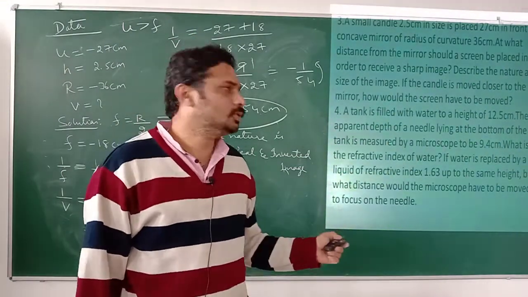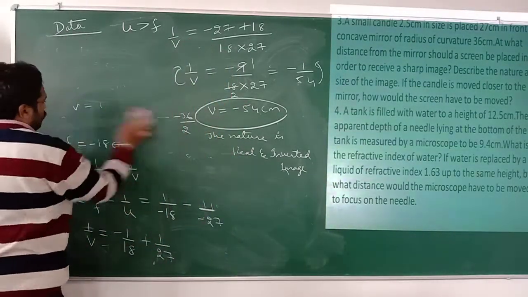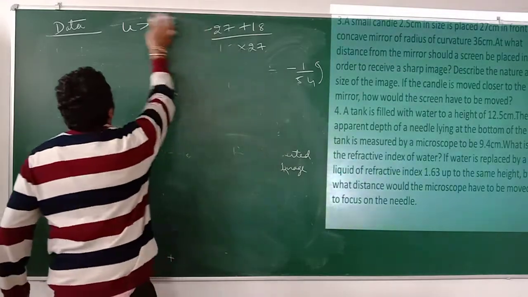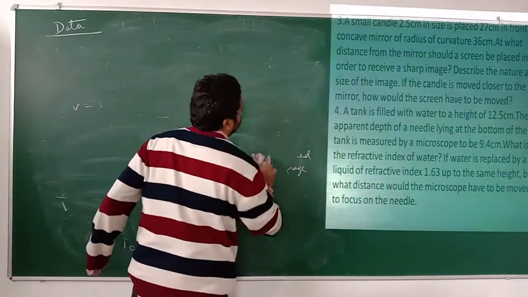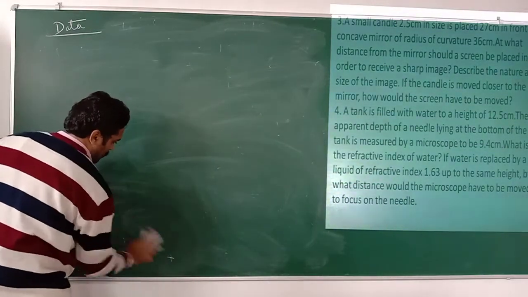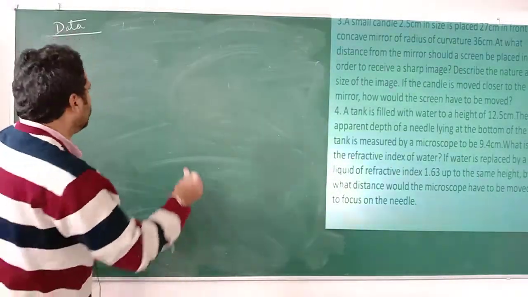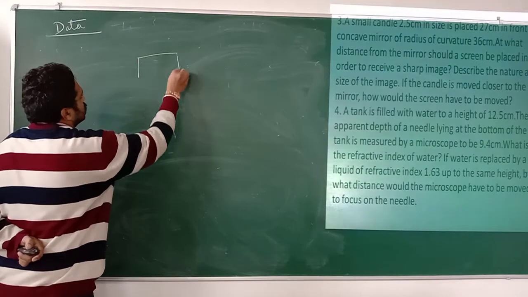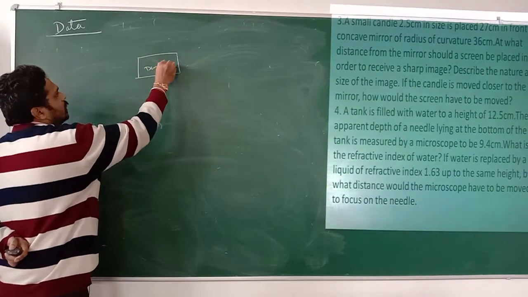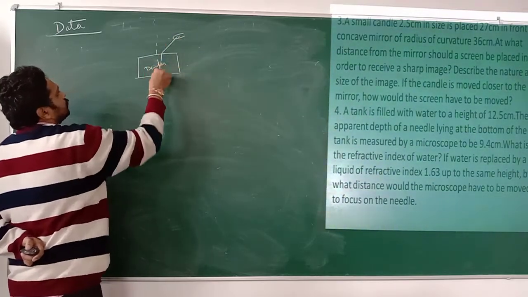Here we are using the relation between refractive index, real depth, and apparent depth. Here I am using the concepts of refraction, the normal shift formula, effects of refraction. Suppose the object is in a denser medium and the observer is in a rarer medium.